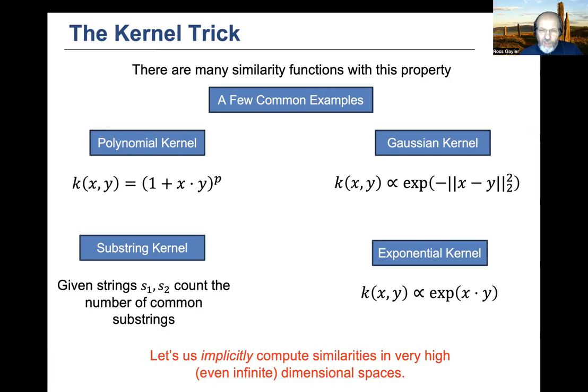But let's say you're trying to find the similarity between images, and you want to allow for the fact that the same image can be rotated or scaled or translated and so on. But you're not clever enough to come up with a kernel which is invariant to all those transformations.